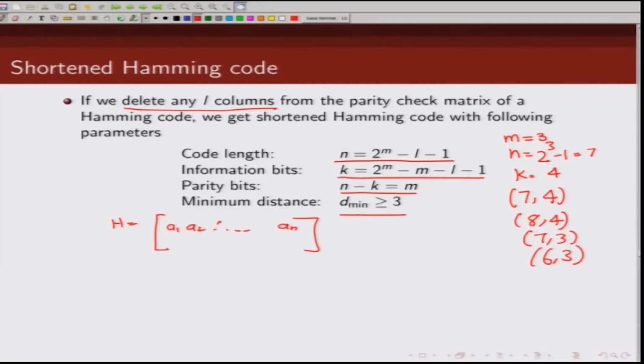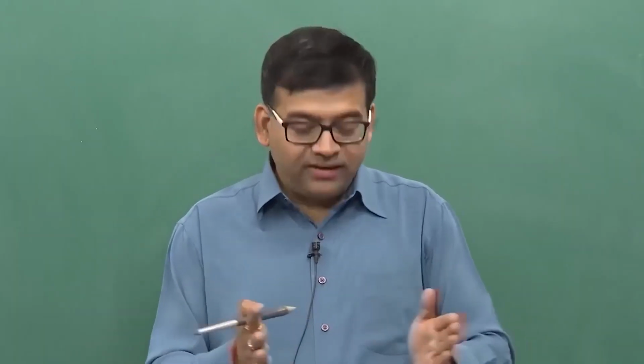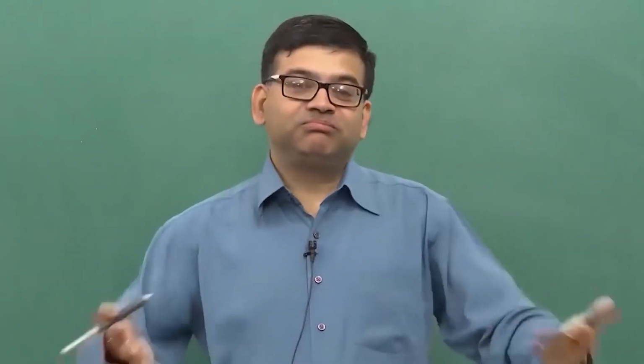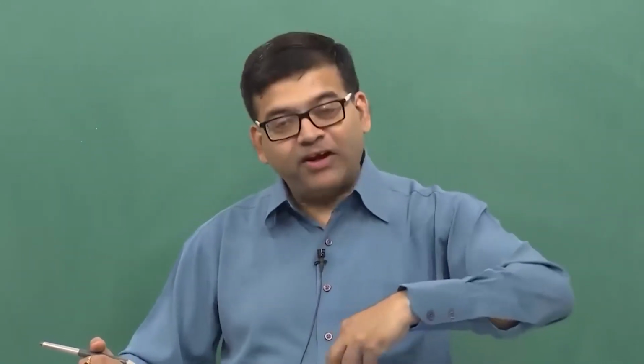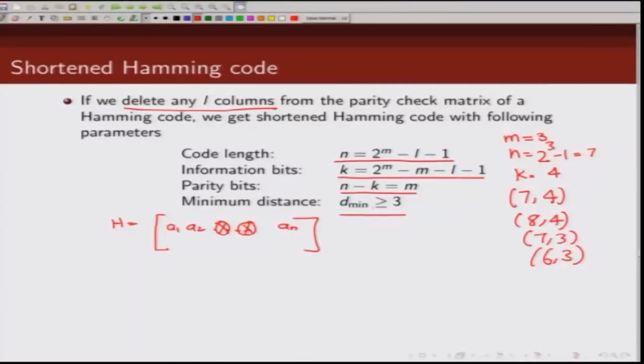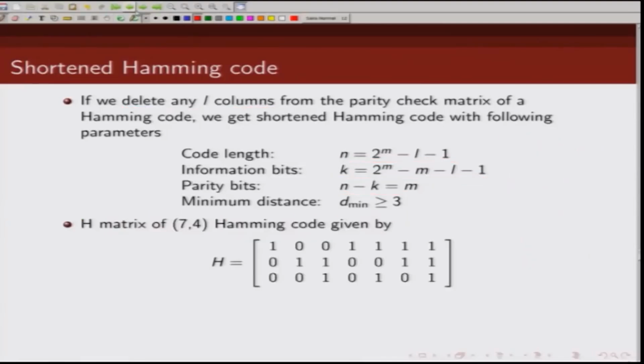Now, if I am removing some of the columns, I can carefully remove those columns which are causing the sum of, let us say, d columns to be linearly dependent. So, if I remove some of those columns, I can possibly increase my minimum distance, and that is why I wrote that whenever you delete columns from the parity check matrix, the minimum distance is at least what was there in the original code.